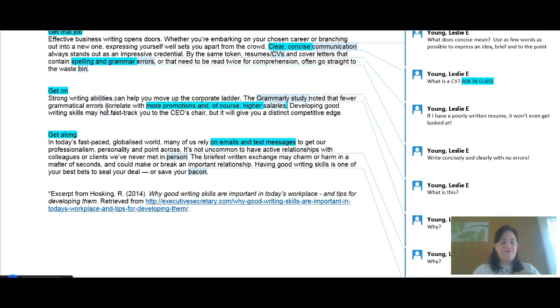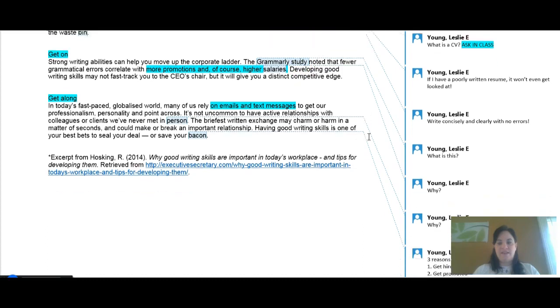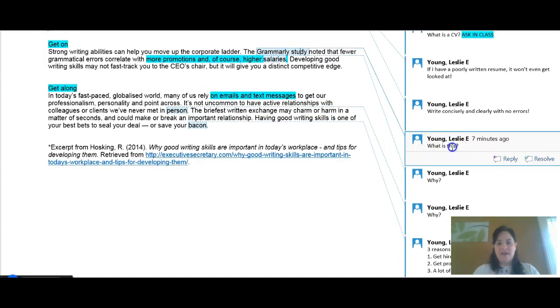So then I have my second paragraph, which is about get promoted, and it references a Grammarly study, and I have no idea what that means. So I had notated this, and I'm going to remember to ask about this in class, because I don't even know what to begin thinking about with this.